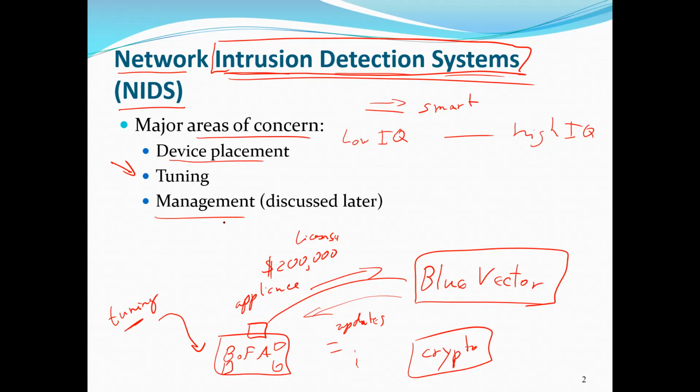Remember that firewalls are there to prevent things, and we'll talk about firewalls after this topic; they're a little bit different. Intrusion detection systems are supposed to be a little bit smarter. That just means that in essence, you want it to generate as much data as possible, but then how do you manage this data? That's another big component.